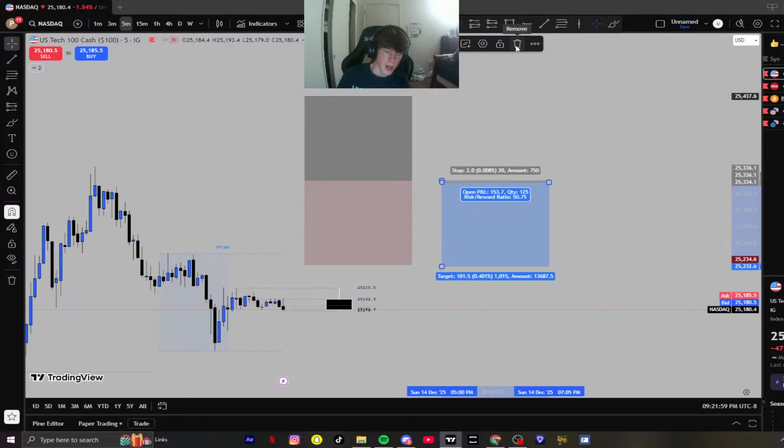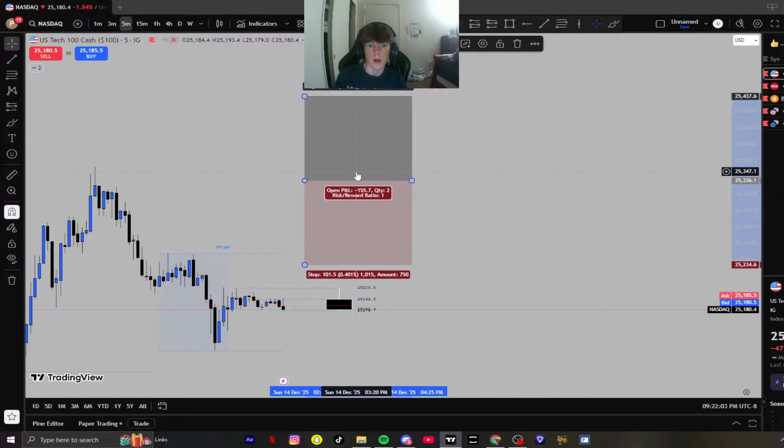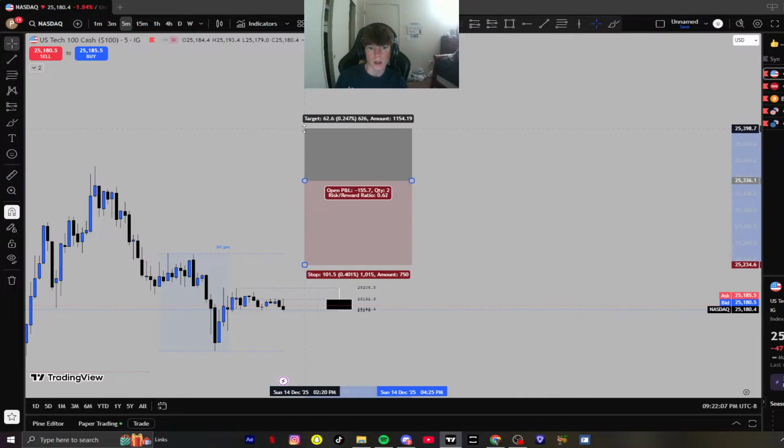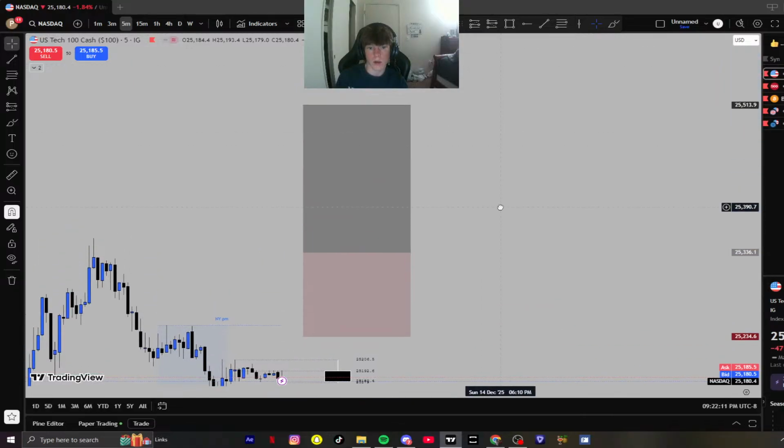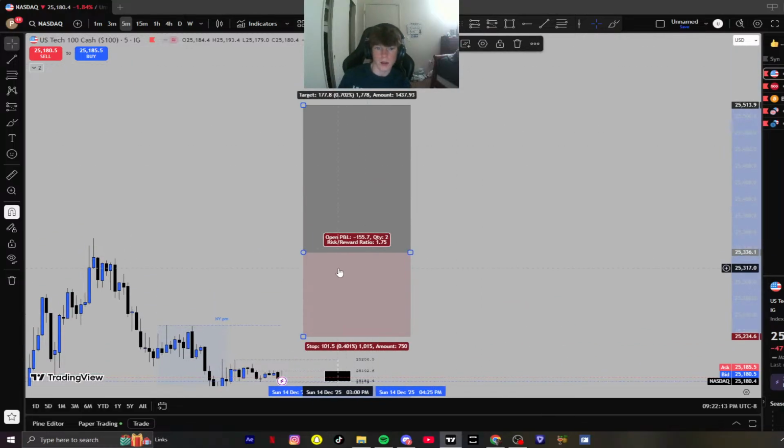So you can either have a higher risk reward with a lower win probability, or a lower risk reward with a higher win probability. So in this case, for every dollar I risk, I'm making $1.75 if the trade plays out in my favor.